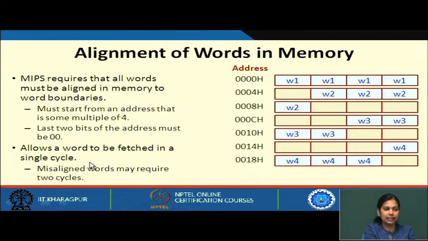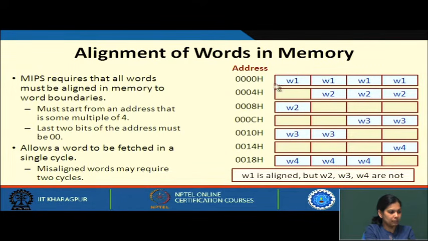In a single cycle we access this word and we get this entire word in one cycle. This is why we say that MIPS requires the words to be aligned in memory. If we store the words in this fashion, we can get the word in a single clock cycle, which is very essential.